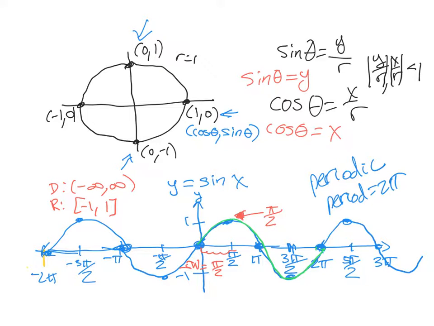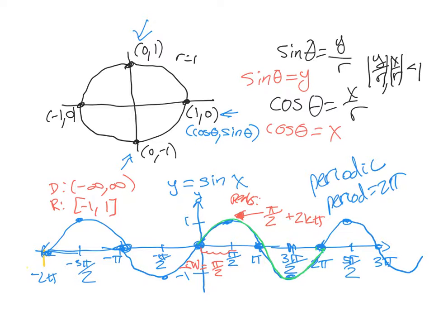And how often do I get a peak? Well, I get another peak at 5 pi over 2. So we say that peaks occur every pi over 2 plus 2k pi, sorry, not k pi, not pi apart, 2k pi apart. Let me erase that. And again, so we say that there's a peak every pi over 2 plus 2k pi.